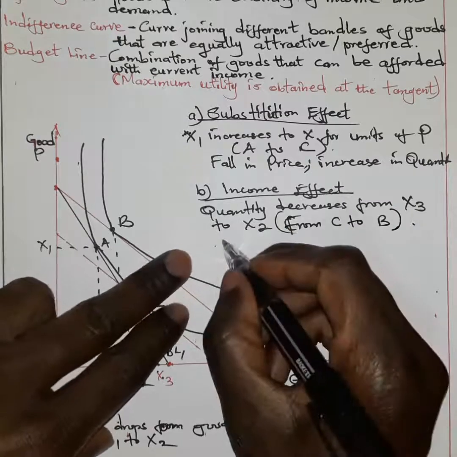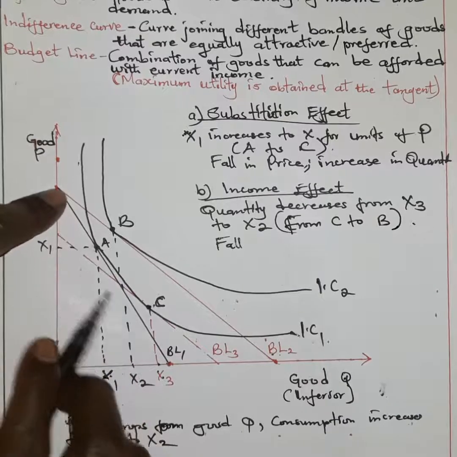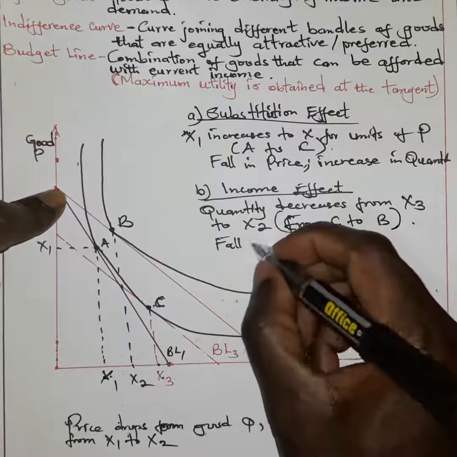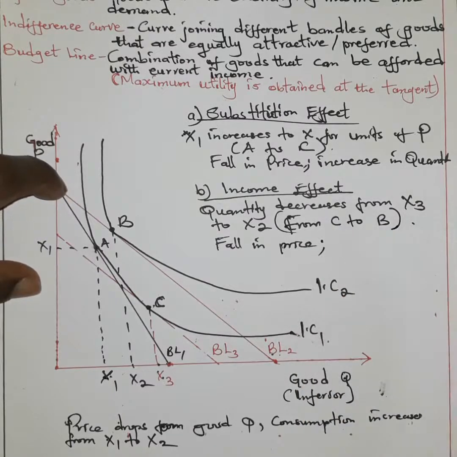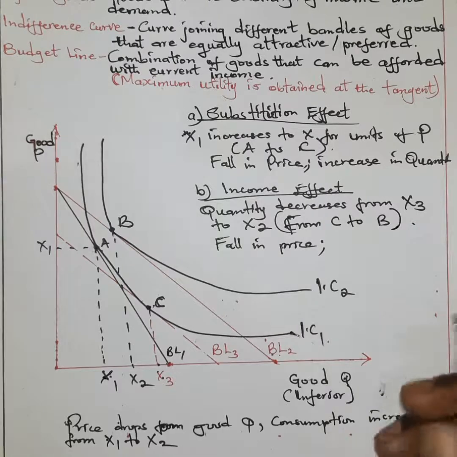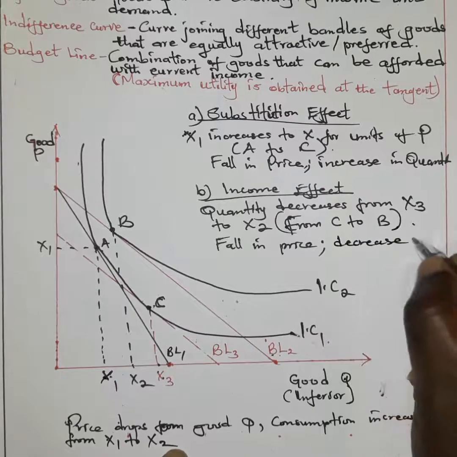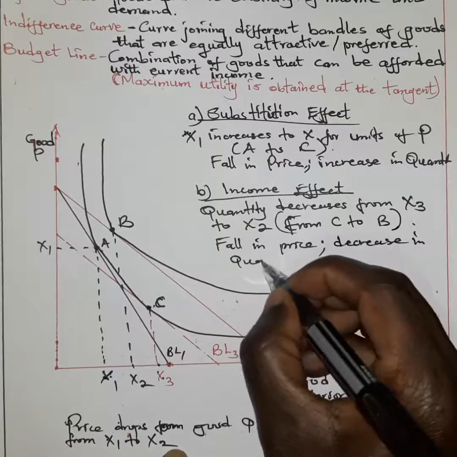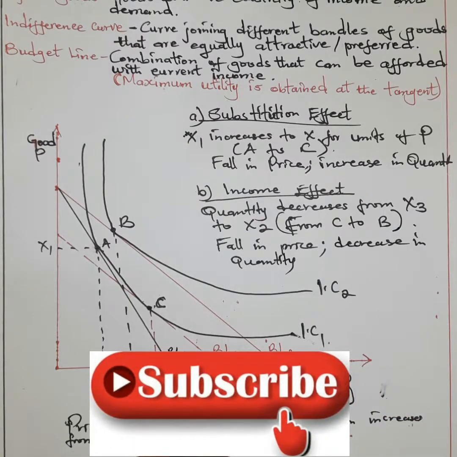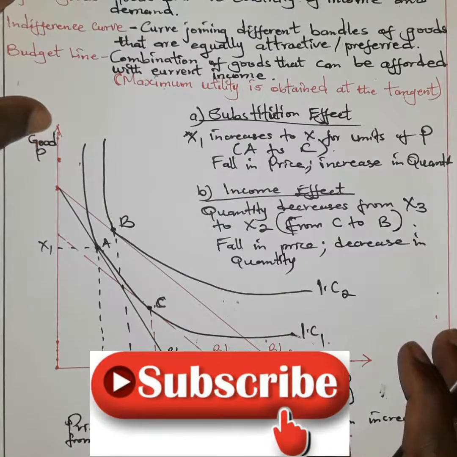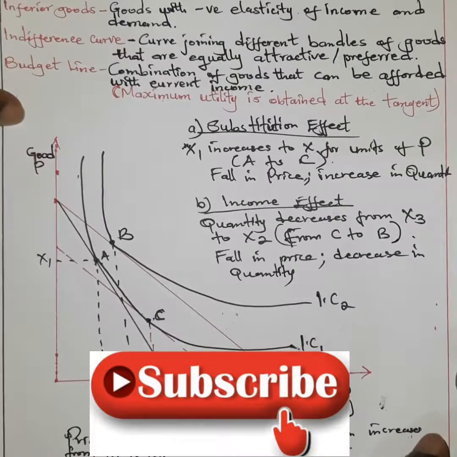Because when you have a fall in price from budget line BL1 to BL2, the fall in price was generally followed by a decrease in quantity, because from Q3 to Q2 is actually a decrease in quantity. And this is now how the income and substitution effects arise for this particular inferior good.